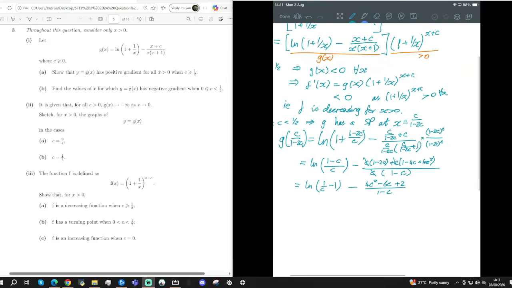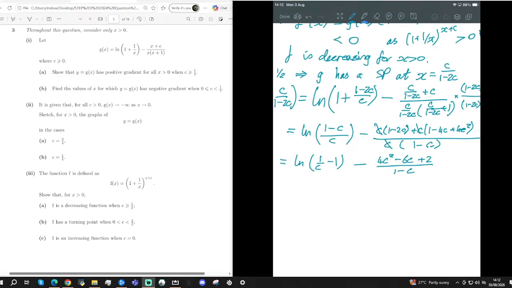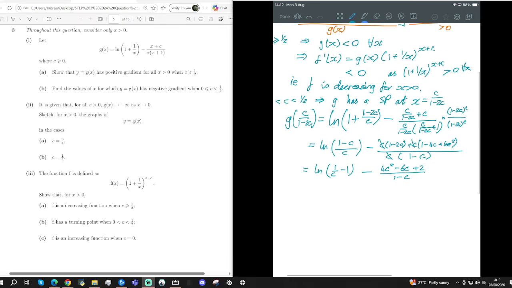Let's do a quick little check of algebra, make sure I haven't done anything too silly with any of my expansions. Okay, now this is definitely the awkward bit. We do know, and we do need to remember, that c is between 0 and 1/2.